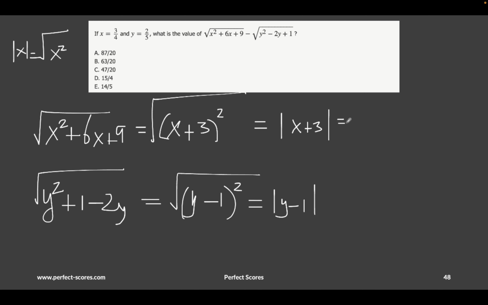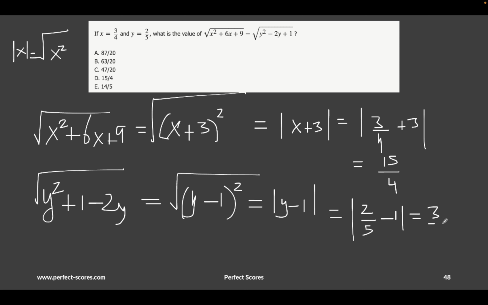So x is 3 by 4. So the absolute value of 3 by 4 plus 3 is going to be the absolute value of 3 plus 12, 15 by 4, right? And this one here is the absolute value of 2 by 5 minus 1, which is actually equal to 3 by 5.